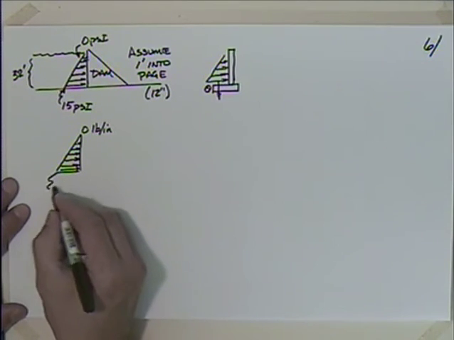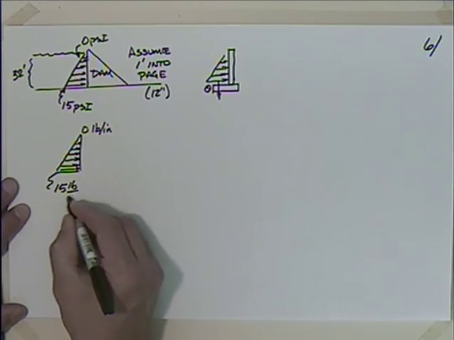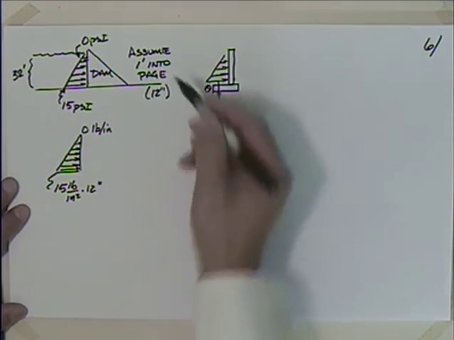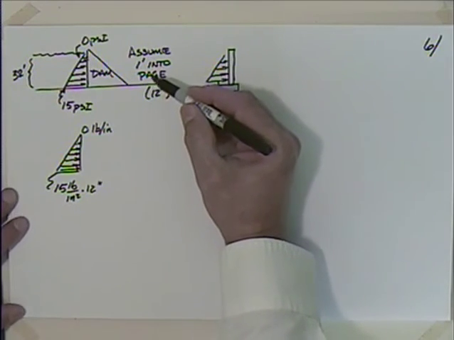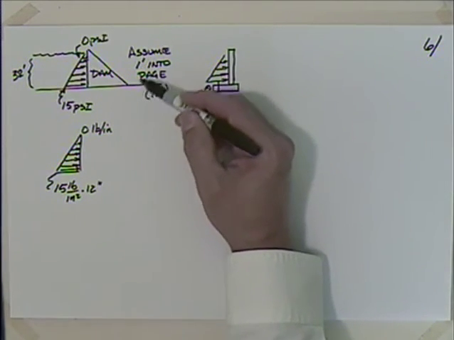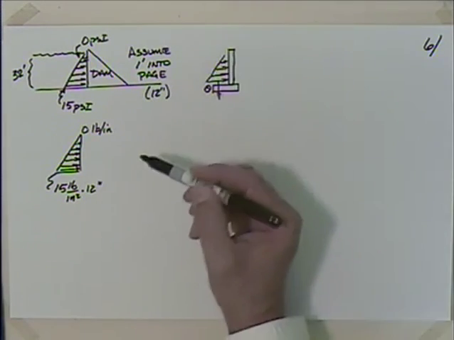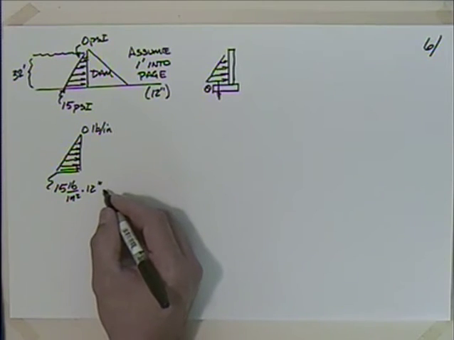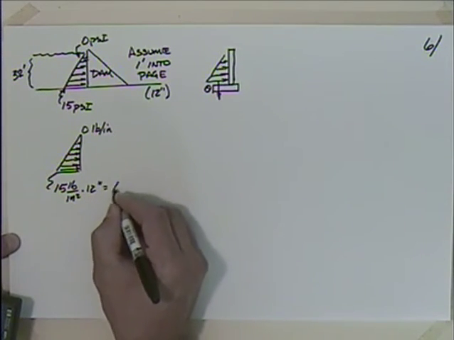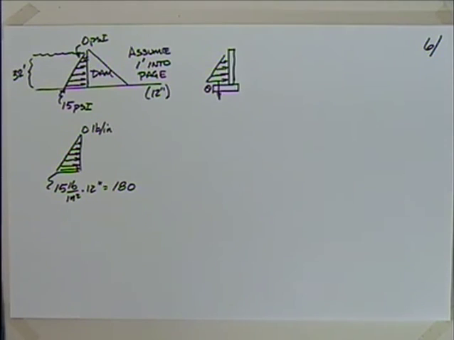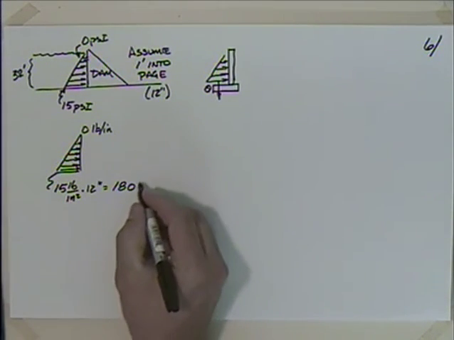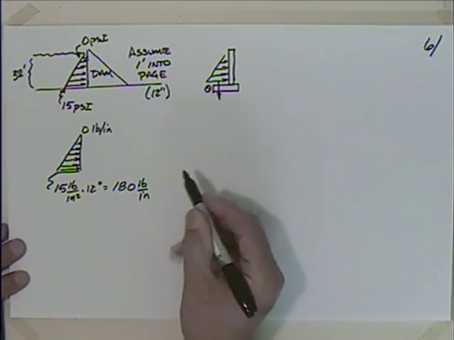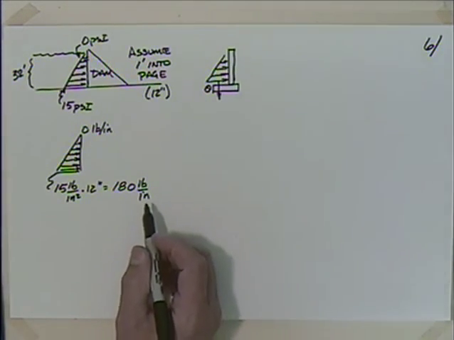And here, if I take 15 pounds per inch squared and multiply by 12 inches, because I'm doing 1 foot into the page, and you might say, well, no one builds a dam that's only a foot wide. Well, that's true, but we can take our conclusions here and then multiply by how long or wide the dam is. So with 12 inches, I come up with what, 180? I believe. Yeah, 180 pounds per inch. Now I have to be careful, I'm in pounds per inch, not pounds per foot.